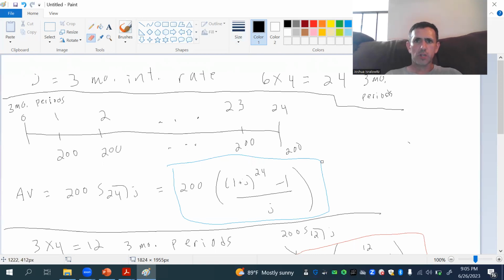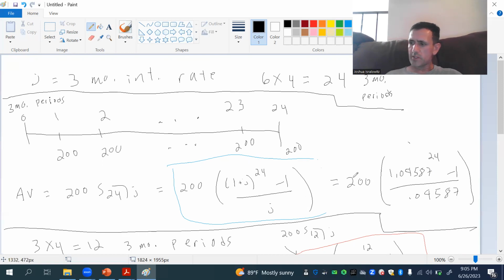So I just plug in, or very quickly do this in the calculator. So now that we have j, this is 200 times 1.09587 to the 24 minus 1 over 0.09587.